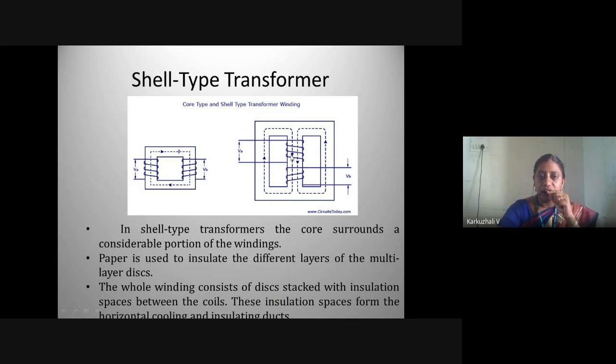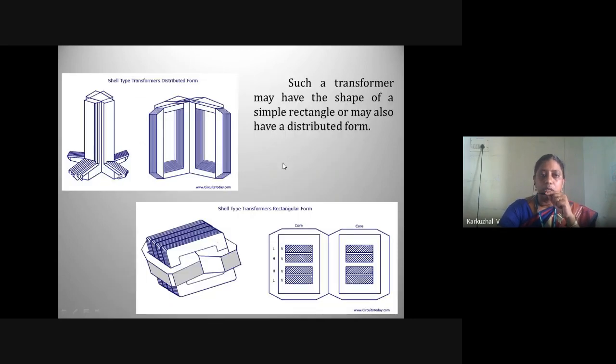Similarly, in the center of the limb, you can see what is called the shell type winding. So core type will have the windings on either side of the limbs of the core, and in the shell type, you can see the windings at the center of the core. These transformers are rectangular in shape, or they may be in a distributed form.